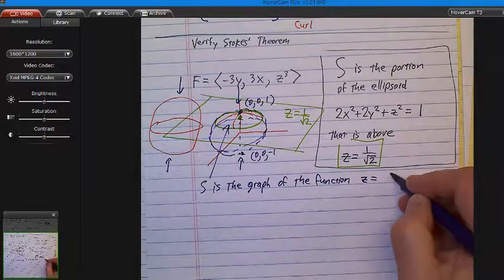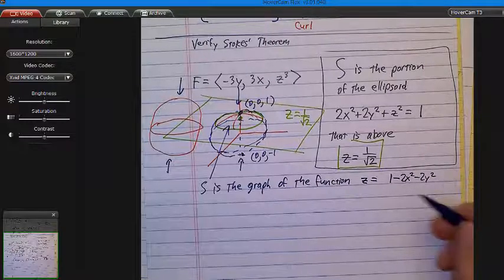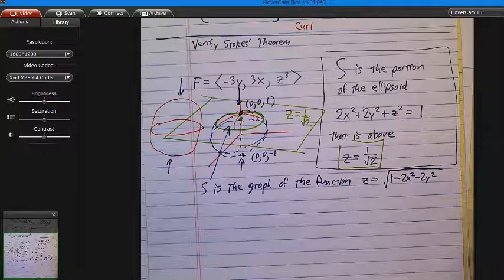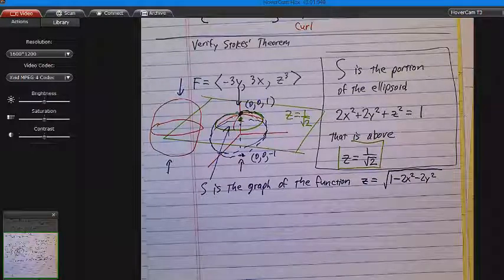I'll just do 1 minus 2x squared minus 2y squared, and I'll take the square root. I know I'm normally supposed to do plus or minus, but this is clearly plus because I'm above the xy plane, right? Okay. And so that's my function.